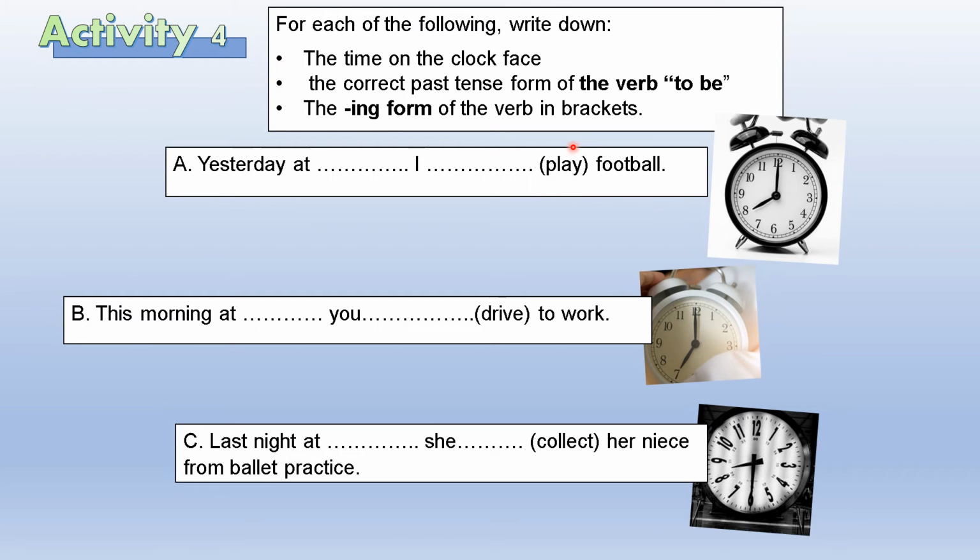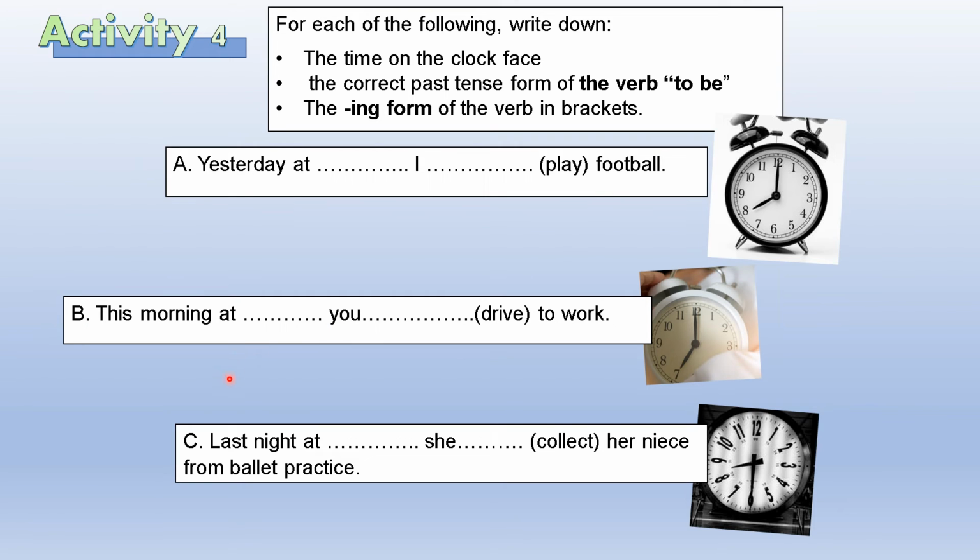The verb is given here in its infinitive form in brackets, so you need to change that to the ing form. So A, yesterday at... I something something football.